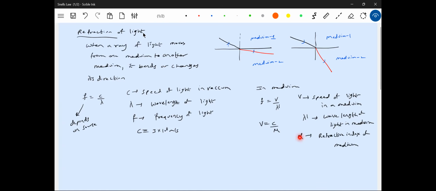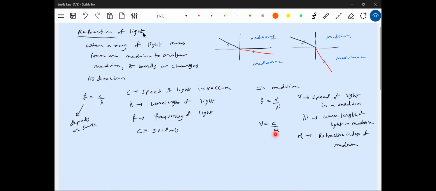For example, glass is 1.5, water is 4 by 3, and diamond is 2.5. Based on the material, the refractive index differs from medium to medium, and it depends on density. As mu increases, the speed of light decreases. So we can categorize the mediums based on their refractive indices.